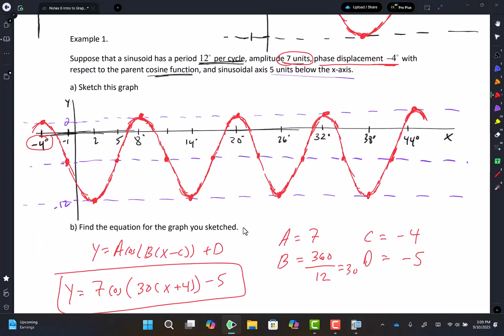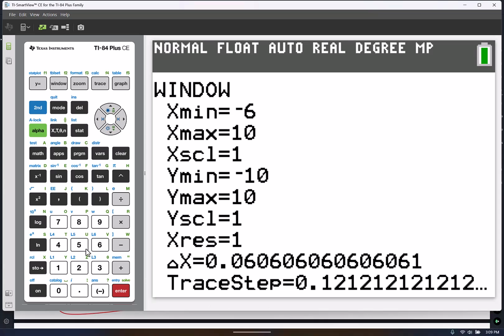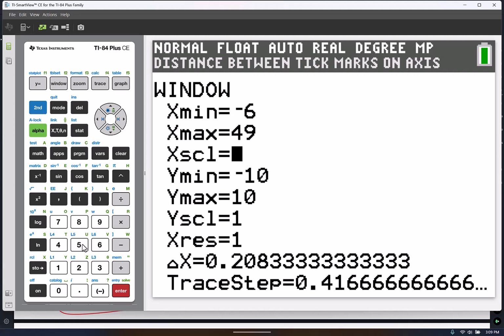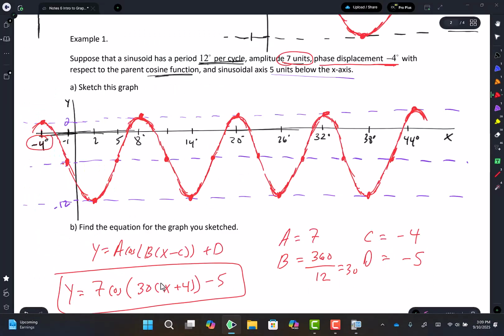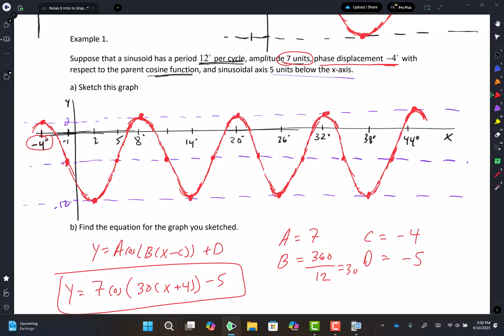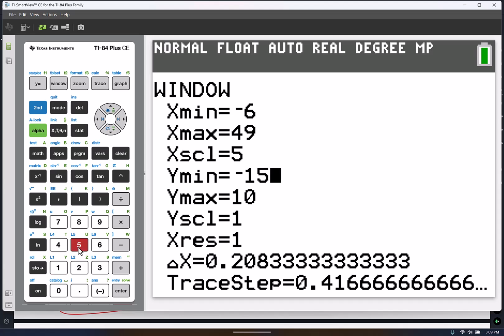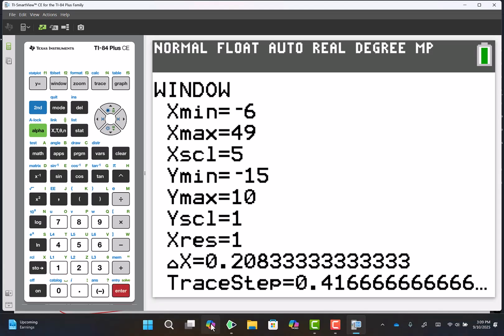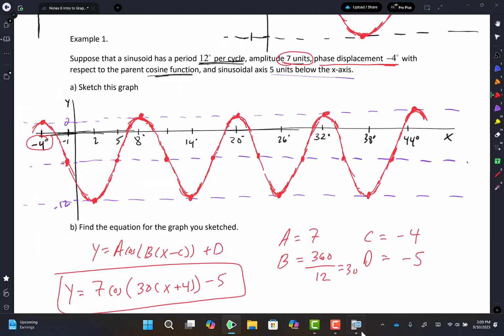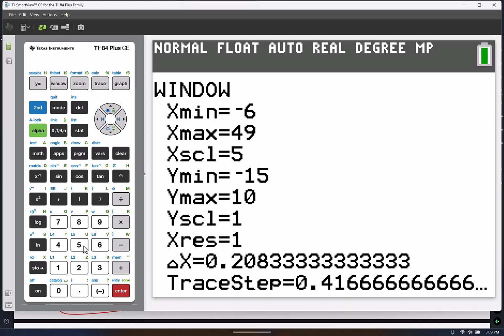X max, well, the biggest it goes to is 44, so maybe go a little bit bigger than that, like 48, 49. X scale, go by like 5. Y min, well, the smallest y value is -12, so go a little bit below that, like -15. Y max, the biggest y value I have is 2, so go a little bit above that, like 5. Y scale by 1, yeah, that's fine.